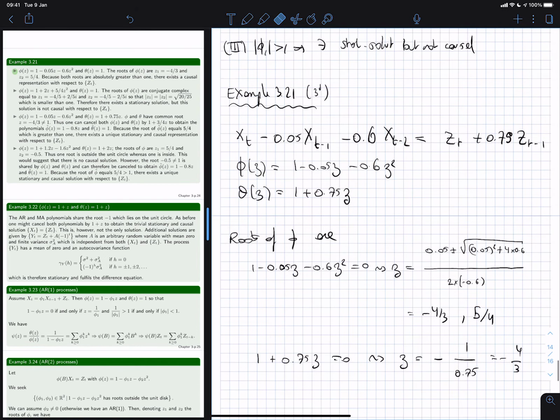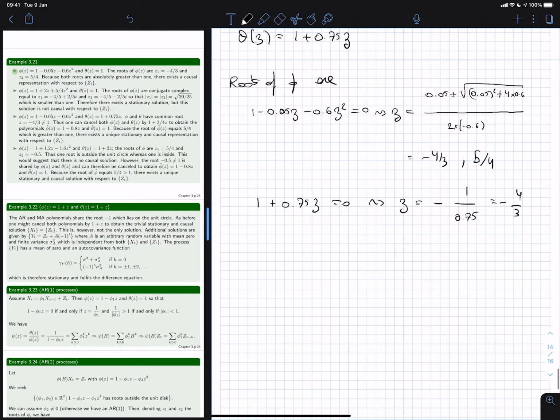But that means that our initial equation is in fact simpler than it looks, because theta of z is in fact 1 plus 0.75z, that doesn't move, and phi of z is in fact 1 plus 0.75z times 1 minus 5/4 of z.